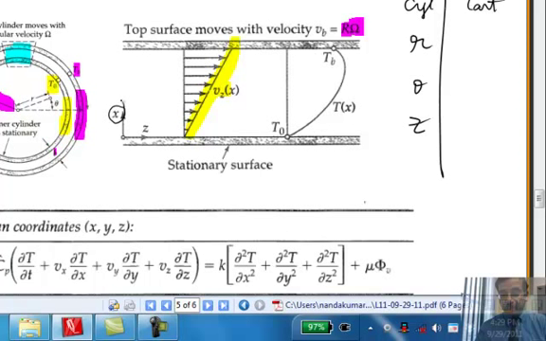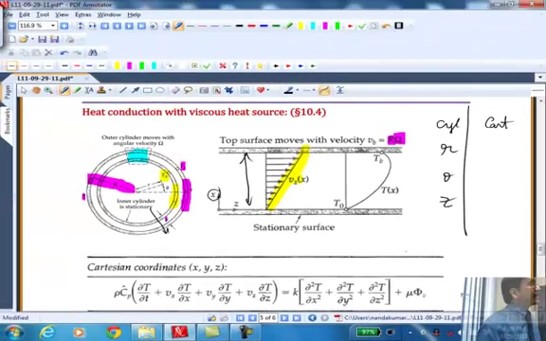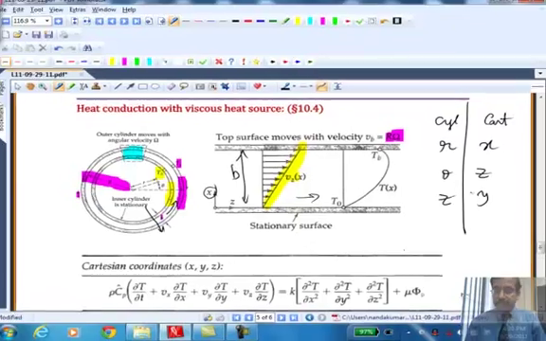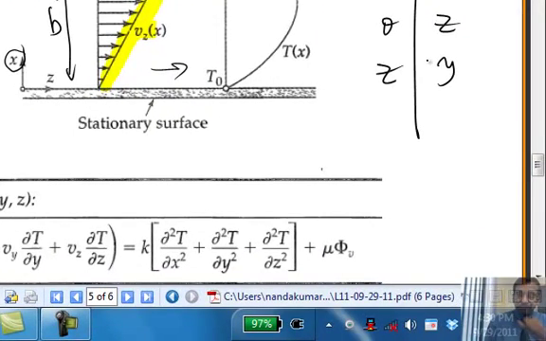And that gap is B in our case. So r is the same as x in the Cartesian plane. What would be theta? Theta would be z. It's as if you are moving in this direction. That's theta, but that's the same as moving in this direction. So what would be z in the cylindrical coordinates? It would be perpendicular to the board, so that will be something like y. If you make that connection, then you can interpret the results in terms of what happens in Couette flow between concentric cylinders.